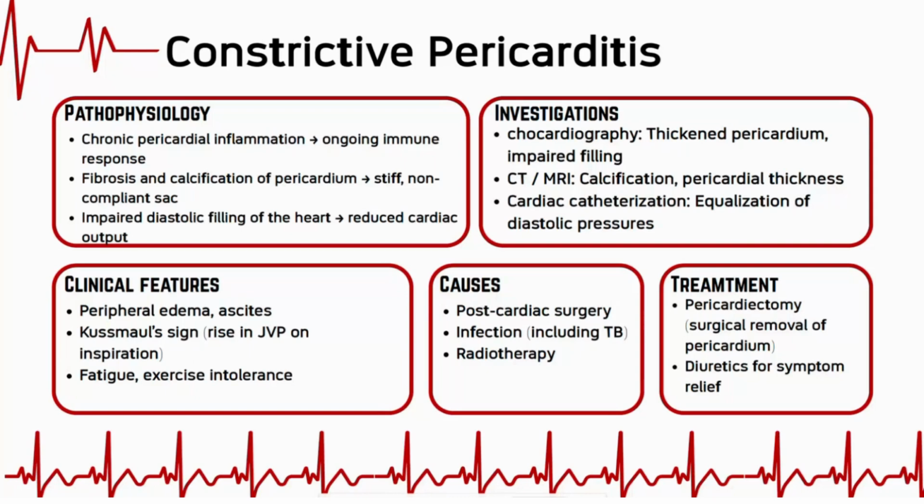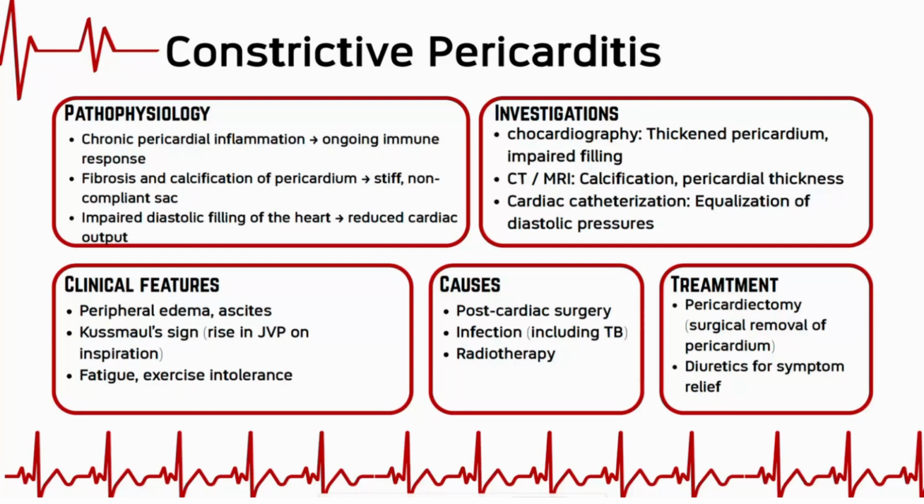Now, how do we find out if somebody has constrictive pericarditis or not? Once again, echo is a very accessible, very easy way to have a look at that. What you'll see is thickened pericardium. You may see some calcifications from the image as well. What you generally are looking for is whether the patient's heart is filling properly or not.